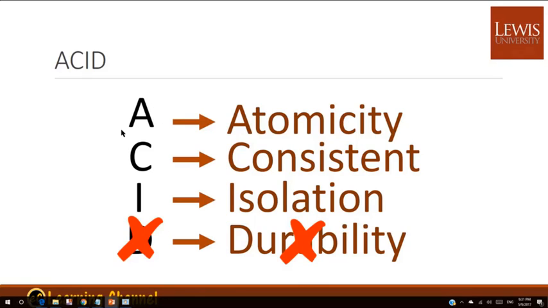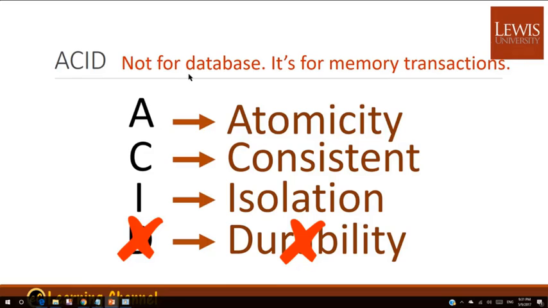But for STM, since we are not saving the memory back to the hard disk, it is only in memory, so we don't have the durability issue. So the D is not for STM; it is for databases. For memory transactions we cross it out, so this red cross is not for database, it's for STM.